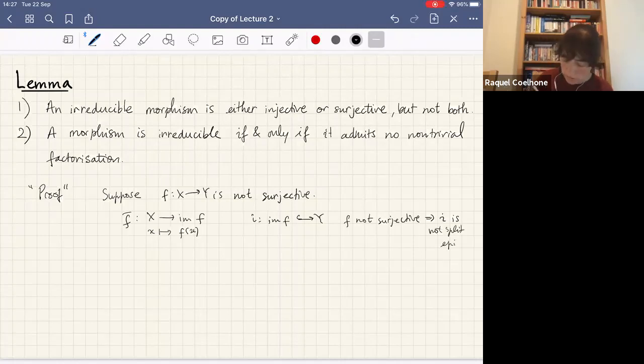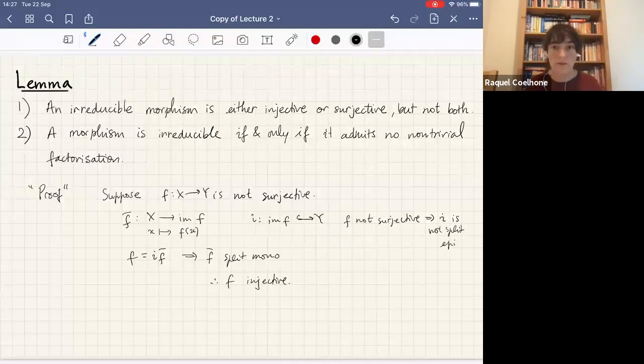So we have f equals this composition, and because f is irreducible and this is not split epi, then f bar is split mono, so it's injective. The composition of two injectives, so f is injective. Okay, this proves the first statement.